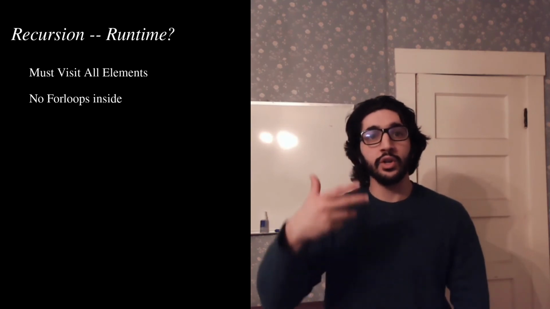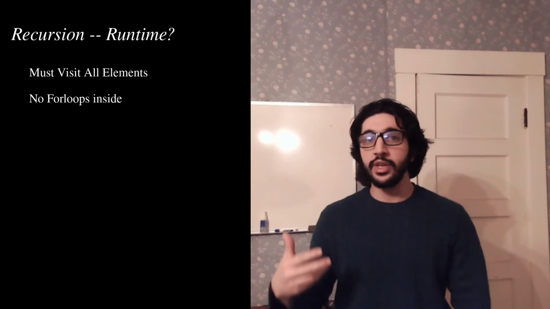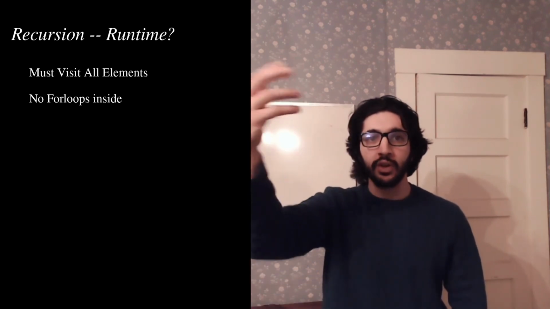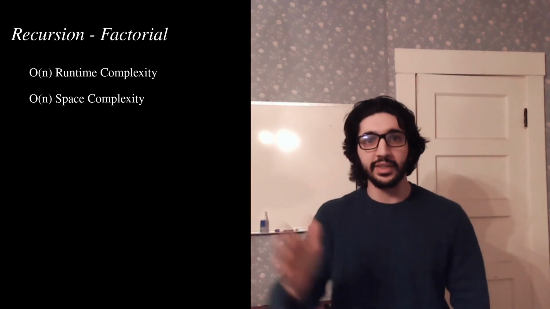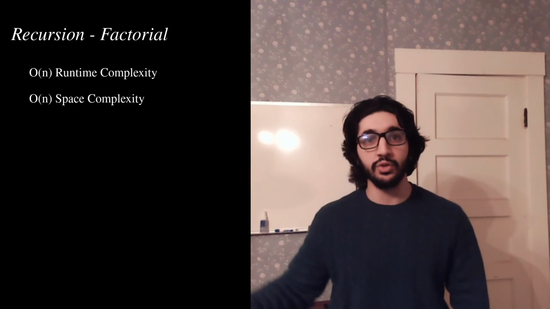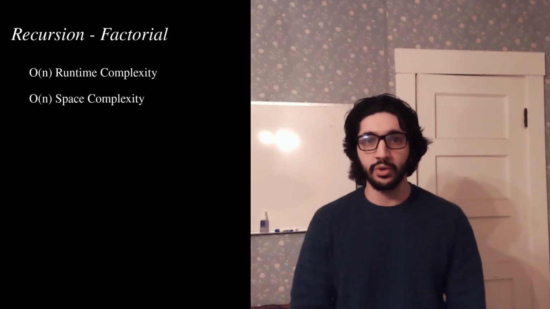If we go to the number 7, we have to go from 7 to 1. If we go to 1000, well, we have to go from 1000 to 1. The relationship between the size of the input and the amount of instructions we have to run is linear. Therefore, our scoring criteria for this recursive factorial algorithm is O of n.